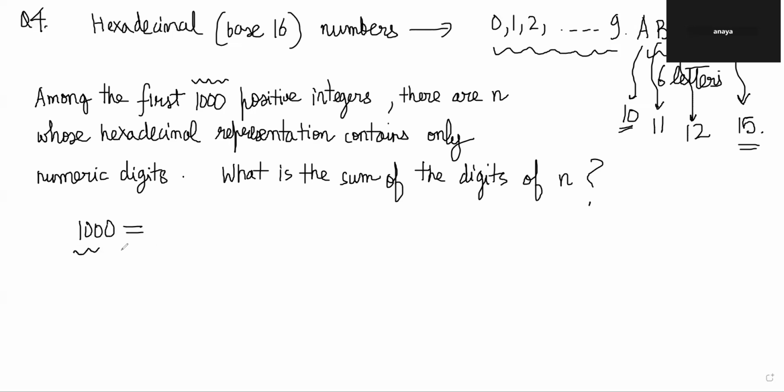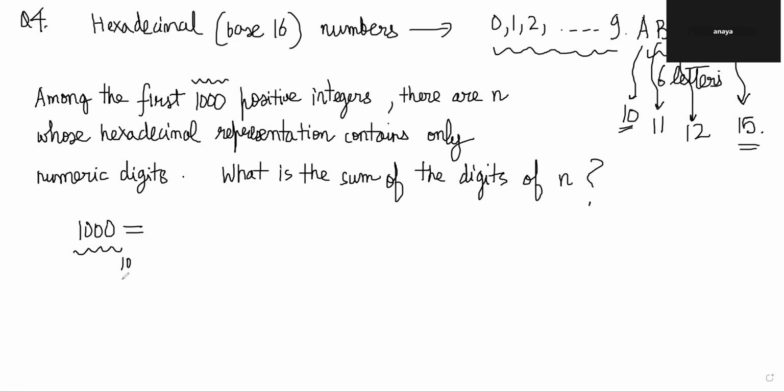What is 1000 in base 16? 4096. That doesn't make any sense. How can it have bigger digits than the base 10 number 1000?